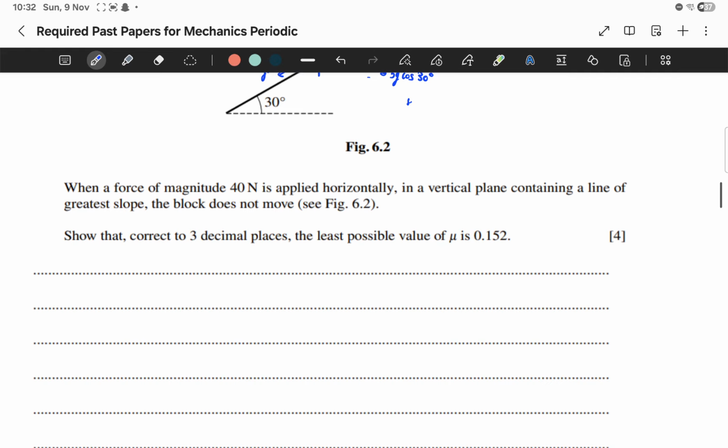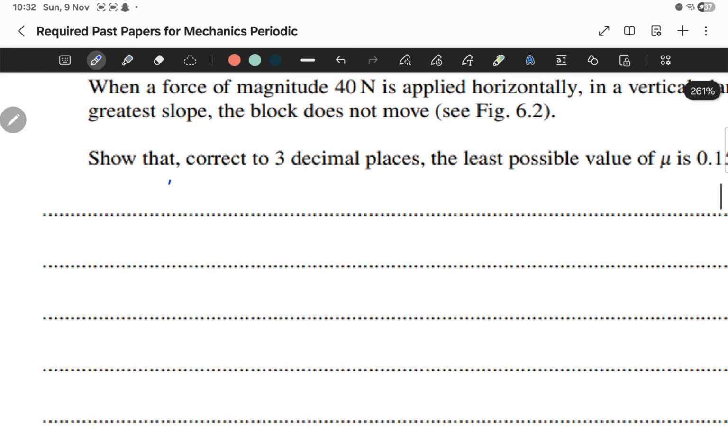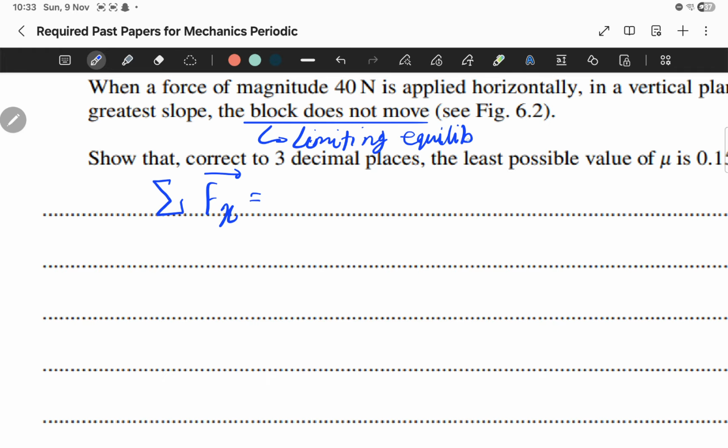So sigma Fx is equal to, since it says the block does not move, we're in limiting equilibrium. Okay, so sigma of x is equal to 0.